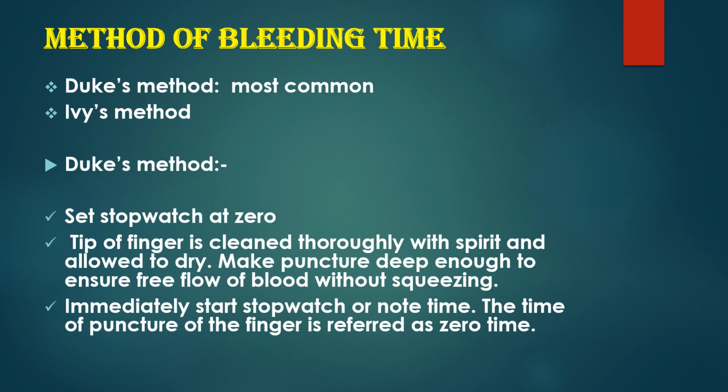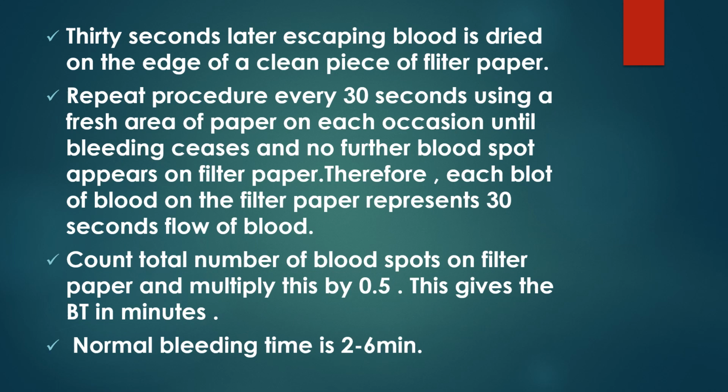The time of the puncture of the finger is referred to as 0 time. Then 30 seconds later, escaping blood is dried on the edge of a clean piece of filter paper. Repeat the procedure every 30 seconds using a fresh area of paper on each occasion until bleeding ceases and no further blood spot appears on the filter paper.